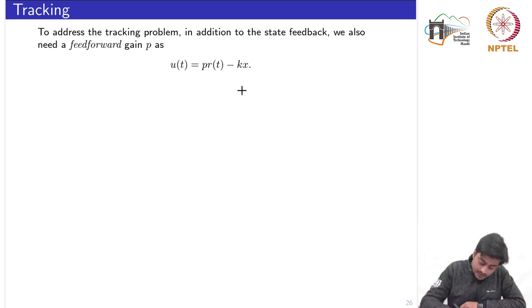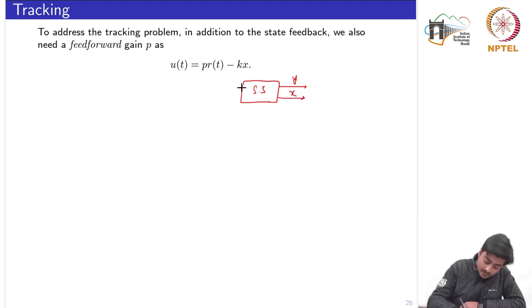Now if you see the structure of the state feedback system, this is the state space system where we have an output Y, and suppose we also have the measurement of the state, and this is U. So far we have considered the design of the state feedback controller by considering K, taking the feedback from X and putting it back to the state space system.